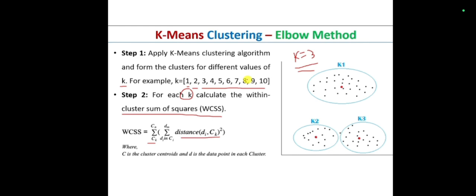The red dots represent the centroids and the black dots are the data points. So we have to find the distance of all the data points to the centroid.